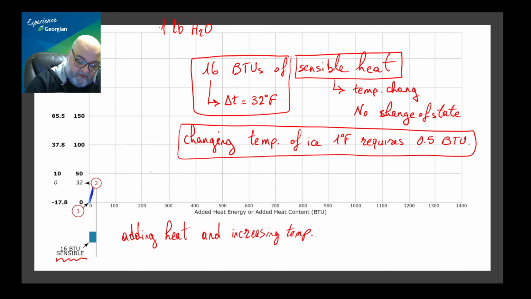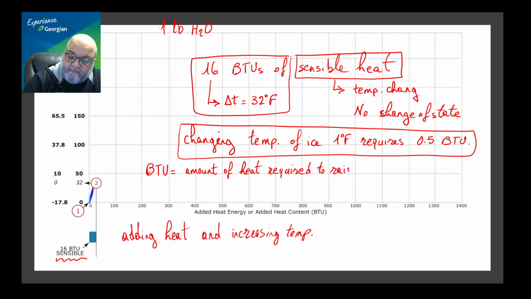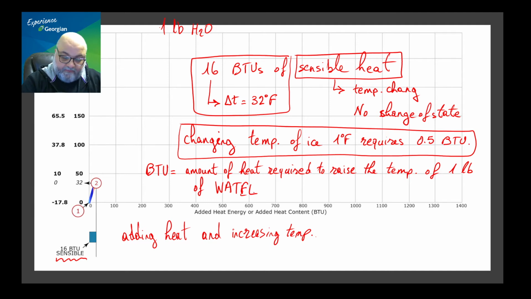The definition of a BTU is, BTU equals the amount of heat required to raise the temperature of 1 pound of water, okay, not H2O, water, liquid H2O, by 1 degree Fahrenheit.